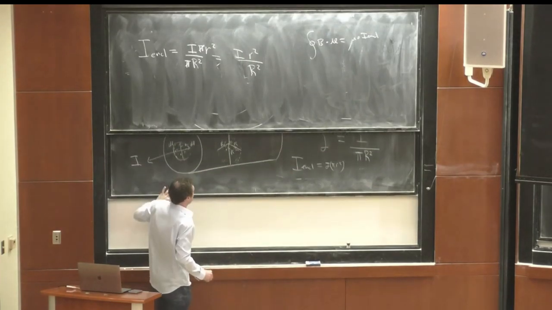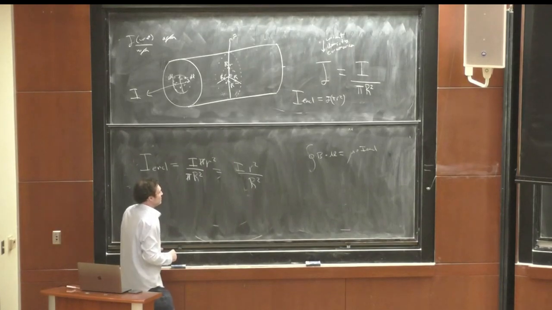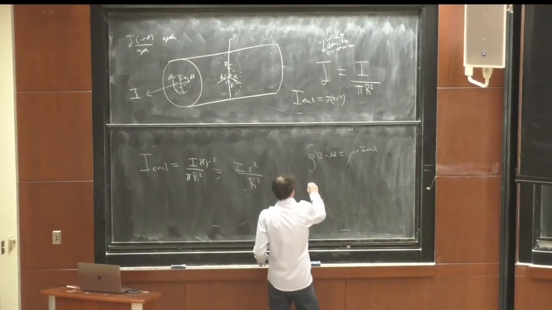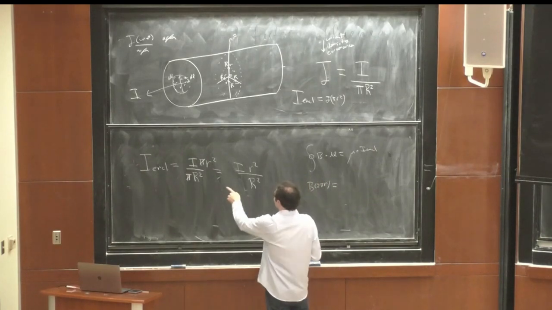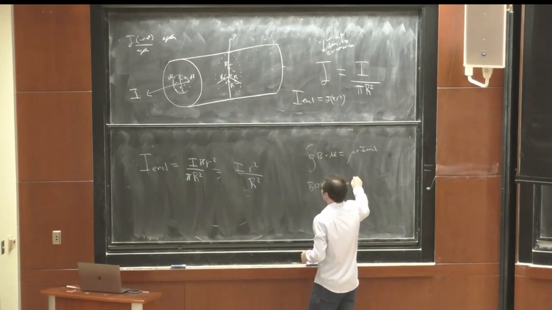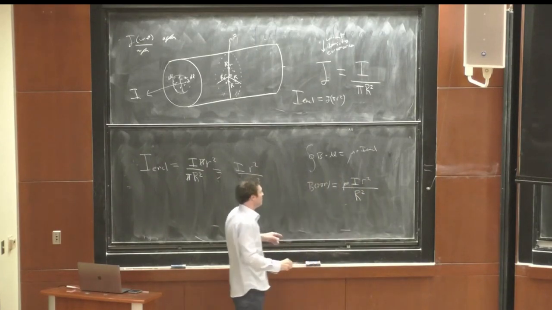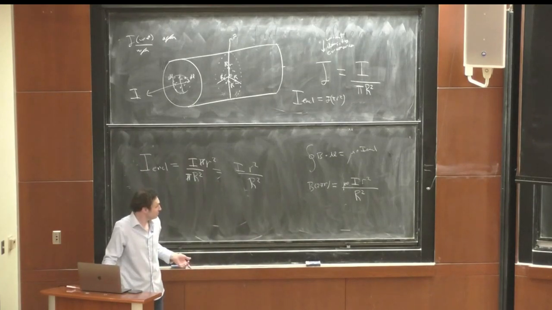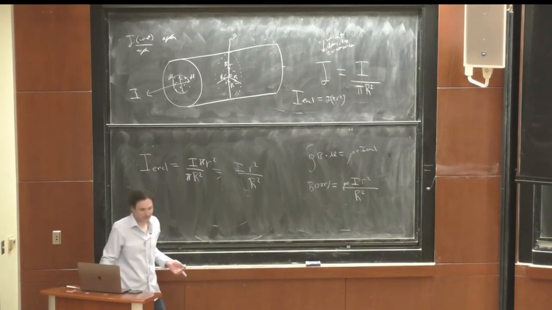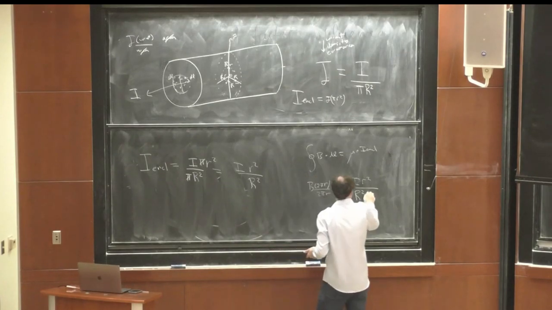Okay, great. So now we've got our answer for this side. It's going to be B times 2 pi r. And then we know I enclosed is going to be this, so we've got mu naught I little r squared over big R squared. So B times 2 pi r equals mu naught I little r squared over big R squared. And then we're going to divide out this 2 pi r to get my B field.